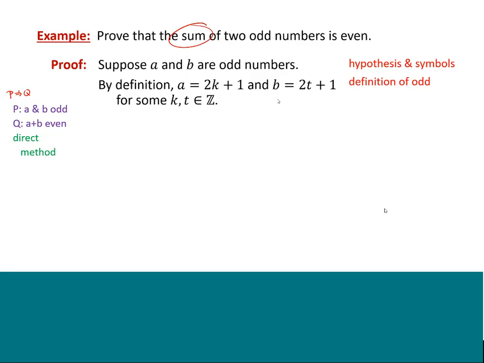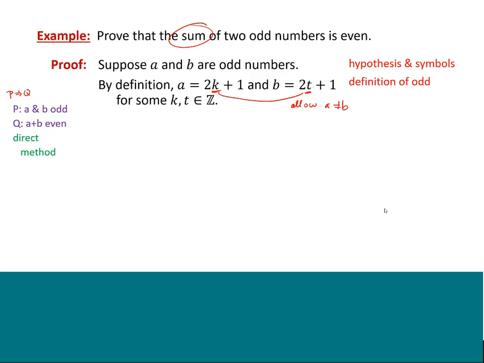There's absolutely nothing right now that's requiring A and B to be equal, which means you really have to use 2 different symbols, and these 2 different symbols allow your A and your B to actually be 2 different odd numbers. Now, it's still totally cool if they're the same odd numbers. K and T actually would be the same in that case, and that's fine, but this now allows your A and your B to be 2 different odd numbers.